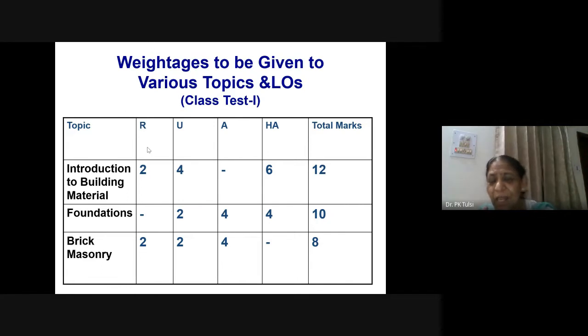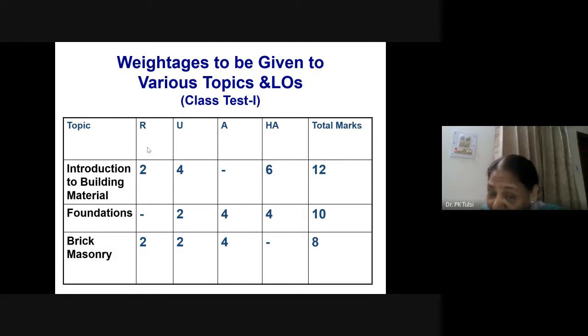And this will help you ensure that you have questions assessing different levels of learning outcomes. So remembering you are giving 4, understanding 8 marks, applying 8 marks, and higher than applying you are trying to give 10 marks.